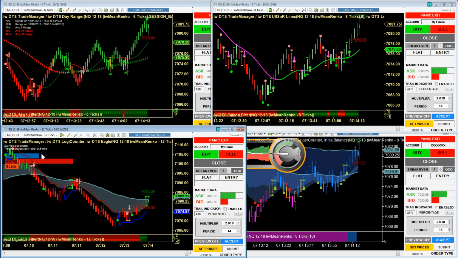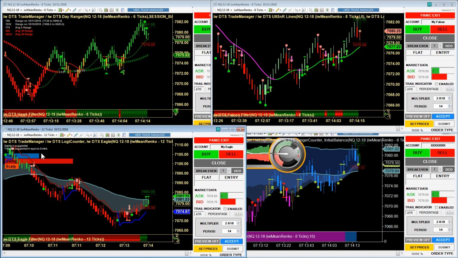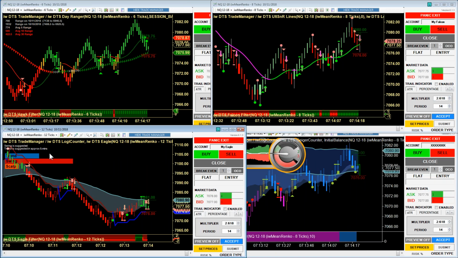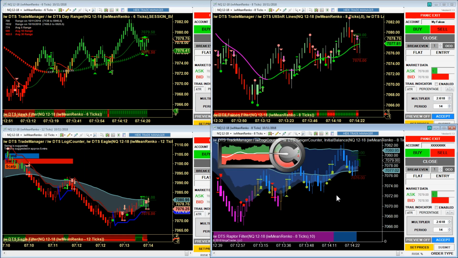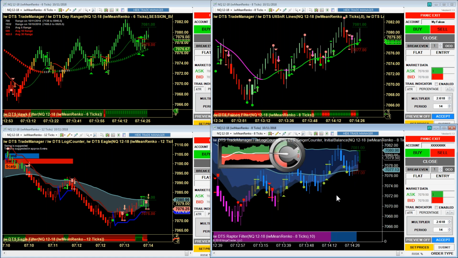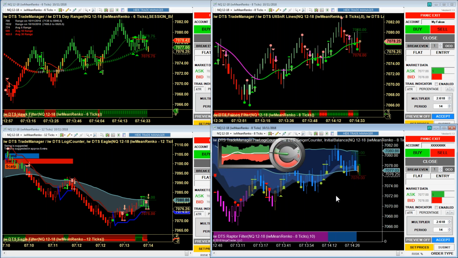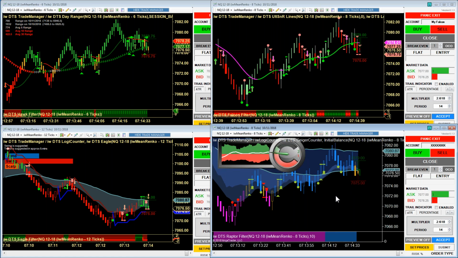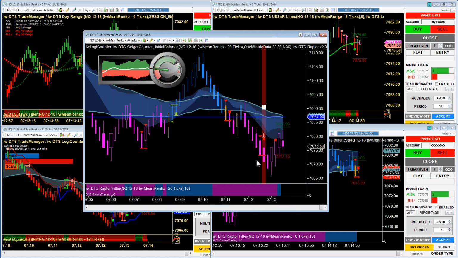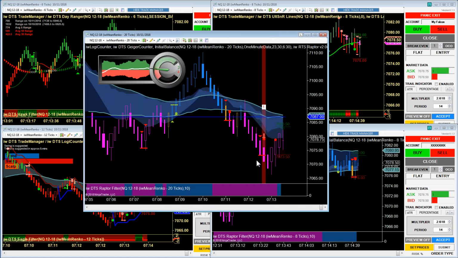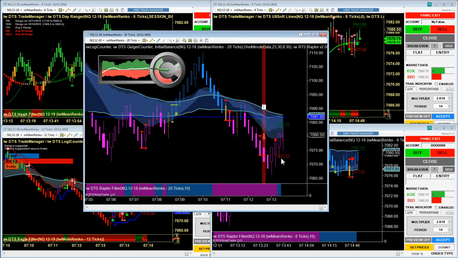Trade forecaster is now in swing mode for 5 minutes, after which it's going back into trend mode, so the volatility continues. So if we're looking at our 20 tick Raptor, we just produced a number one signal.